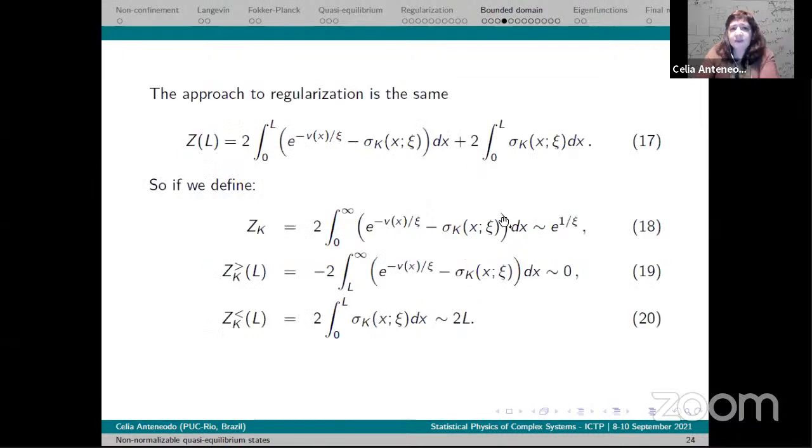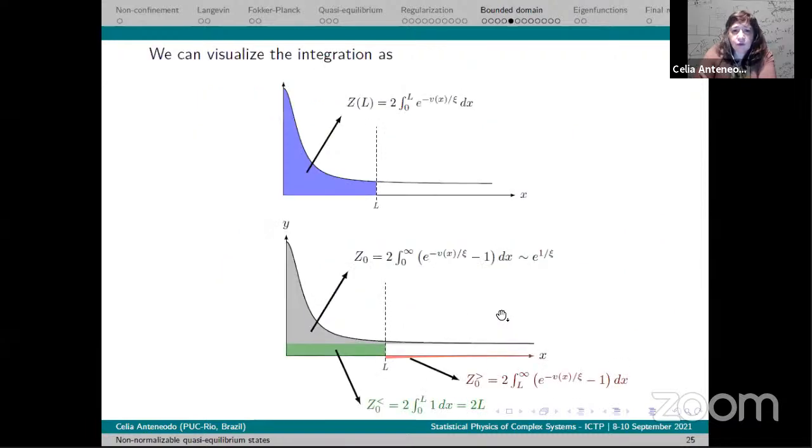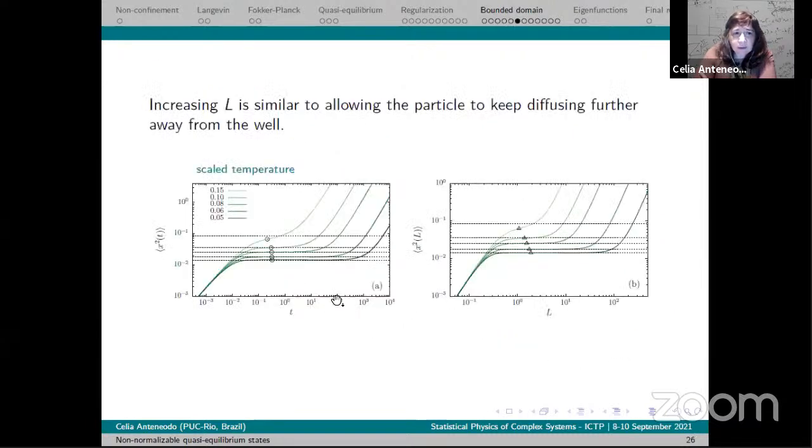So in this case, we can obtain the limit L to infinity. We can also split the integrals and determine the contribution of each term. I will not enter in that detail now.